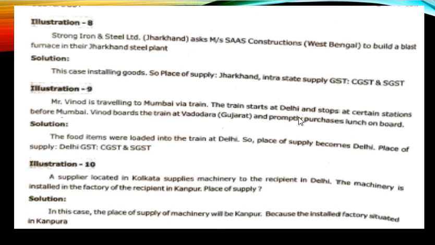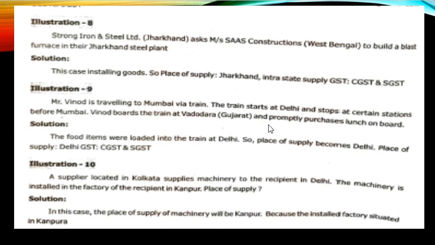So I've already discussed that for any service or conveyance which is rendered on board, that is a service rendered while traveling, the location which is scheduled as the first departure will be considered as the place of supply. So here the first location is Delhi.